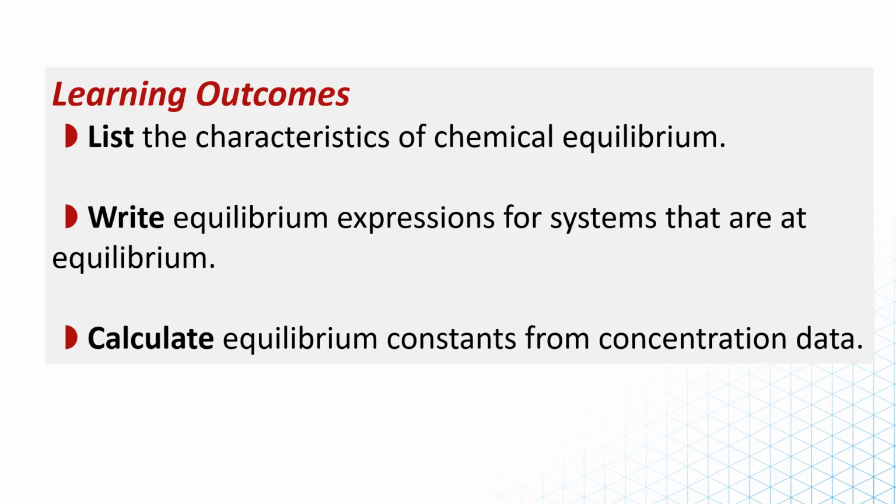So the learning outcomes, guys, is to list the characteristics, خصائص of chemical equilibrium. نحن نذكر خصائص الاتزان الكيميائي. شو هي خصائص الاتزان الكيميائي؟ Write equilibrium expressions for systems that are at equilibrium.